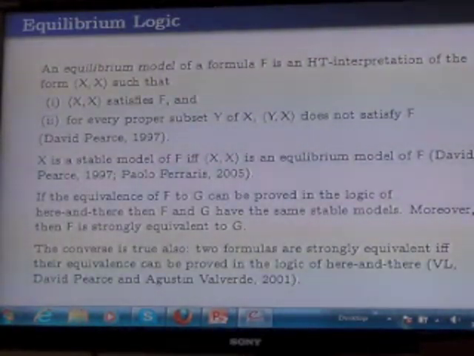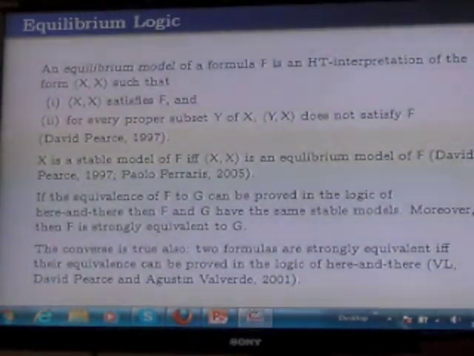The truth values in the here world and the there world should be the same. So the first condition is that this X repeated twice satisfies our formula in the sense of the definition on the previous slide. And the second is a minimality condition.